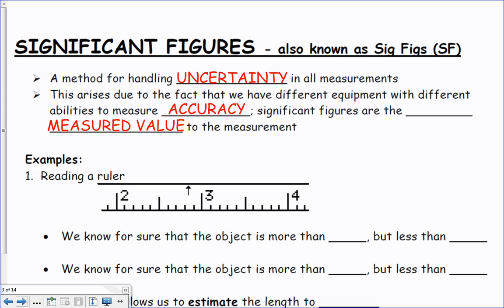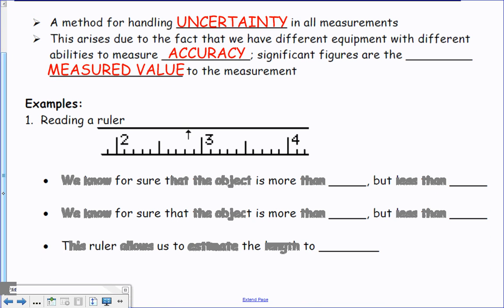Okay, so we're going to take a real quick check at estimating and measuring. Ready? We know for sure that on this ruler, that arrow is definitely more than 2, right? And it's definitely below 3. We're all good there. Then if I keep going, so this is 2.5, 6, 7, 8. It's actually more than 2.8, isn't it?